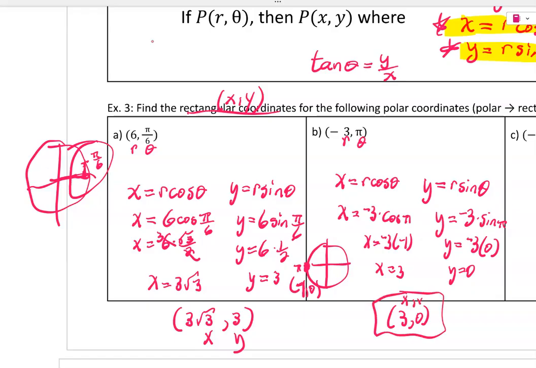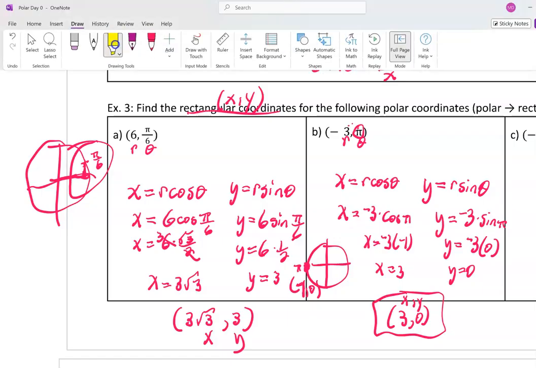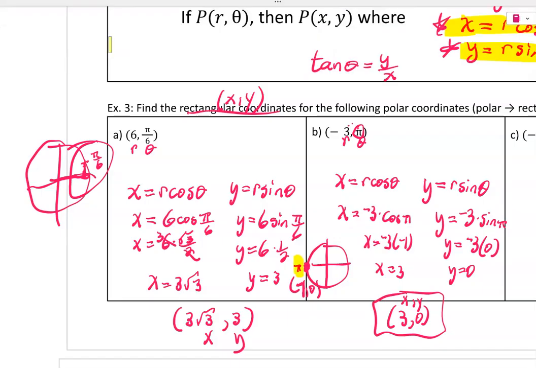This is really cool. If you know how polar coordinates work, you could actually have done this lightning fast, because you'd say, where is this point going? You'd say, go to pi. Well, pi is right over here. Project it backwards.